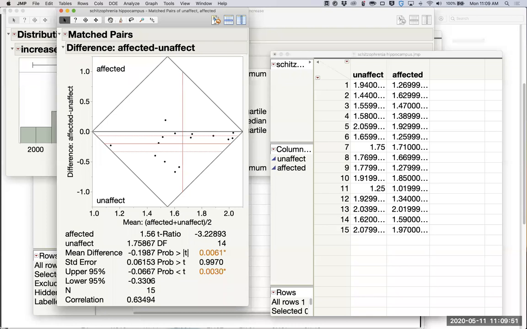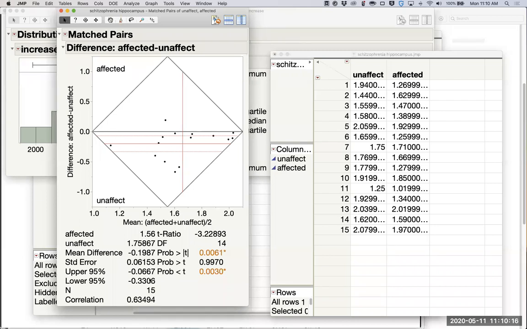So that could be because the hippocampus size impacts the likelihood of developing schizophrenia. Smaller hippocampuses are more likely to have schizophrenia. Or it could be the other way around. Maybe the presence of schizophrenia is causing the hippocampus to be smaller. I can't tell which is cause and effect.